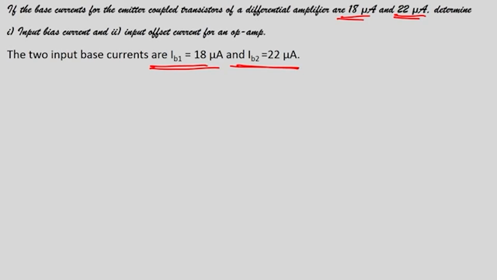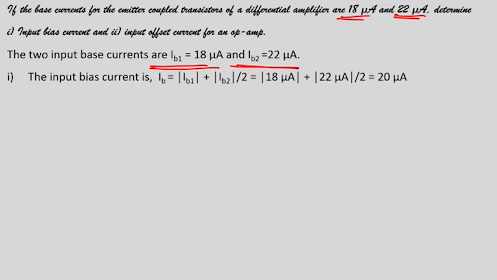Let us see the first one, which is the input bias current. The input bias current is IB equals the mod of IB1 plus IB2 divided by 2, that is 18 plus 22 divided by 2, and we get the answer 20 microampere. Super easy. Now, the second one, the input offset current for an operational amplifier.